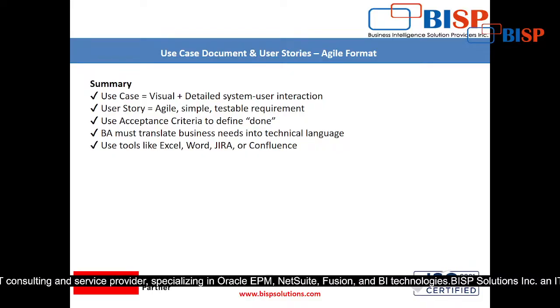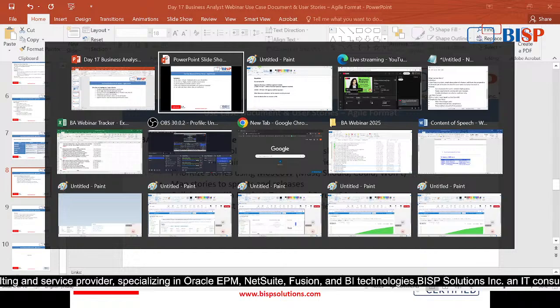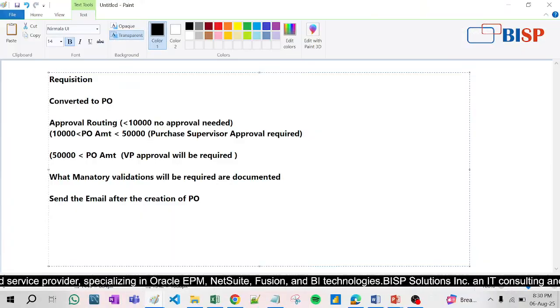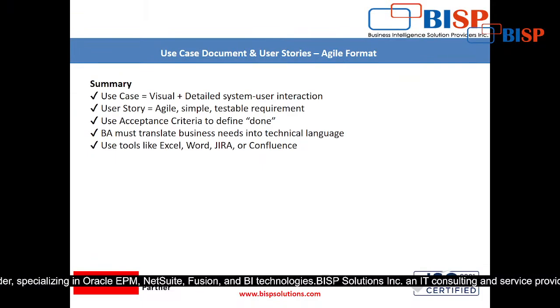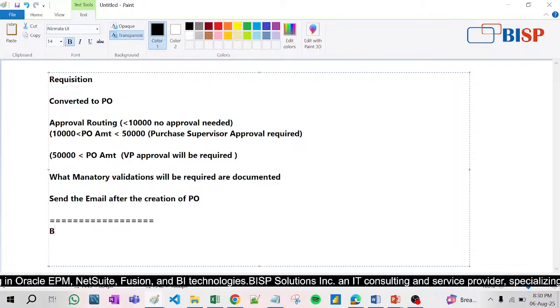Now see here, BA must translate business needs into technical. How is it done?